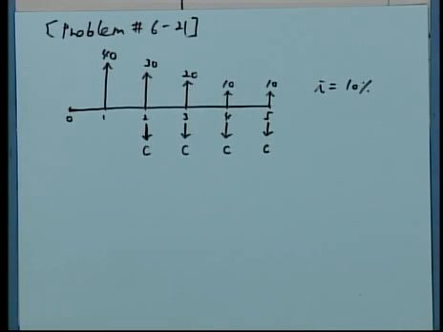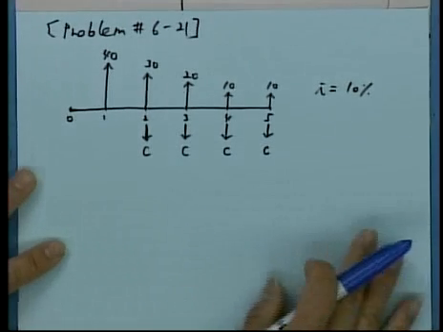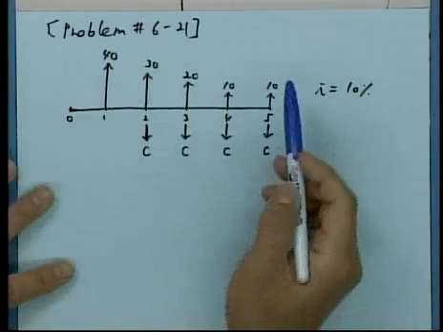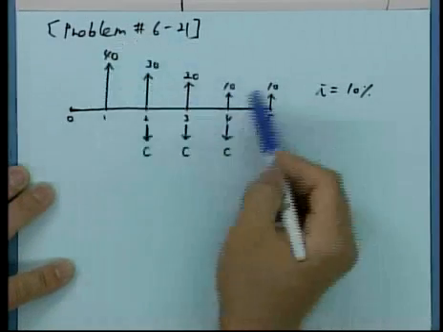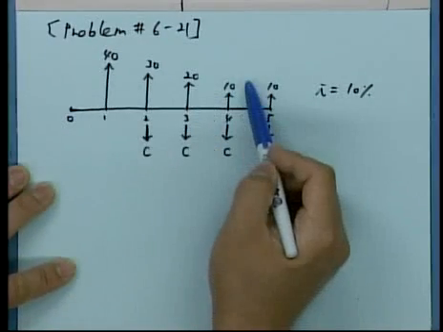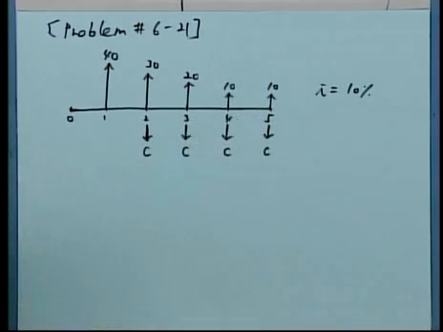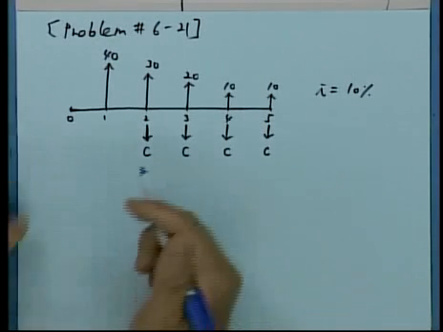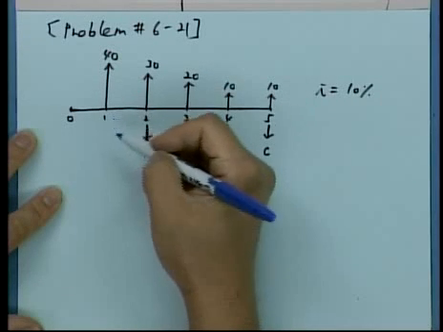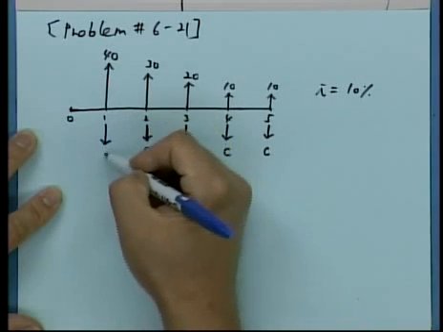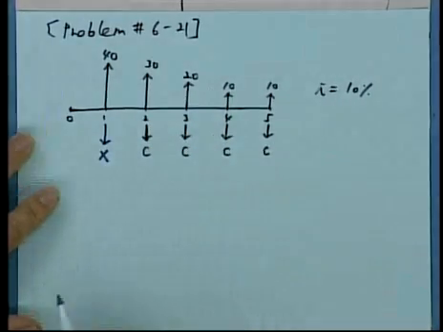Okay, so what I'm going to do is to convert these positive cash flows to an equivalent present sum, let's say X here, at the end of period 1. Okay?